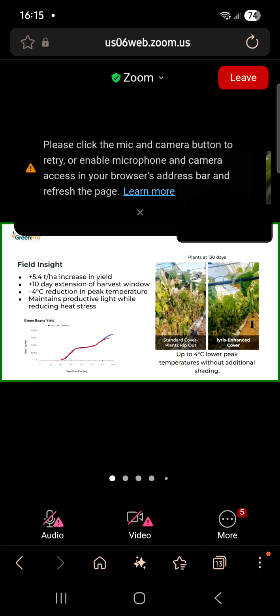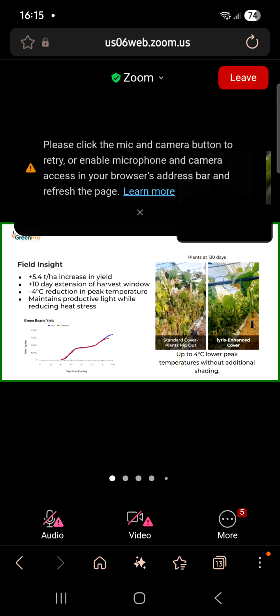Green beans isn't really a big market for India, but I think this is a really useful thing to see. This is at the end of the standard cycle in the Hudia, as it's called. This is a long green bean. This is the same interval at about 120 days.